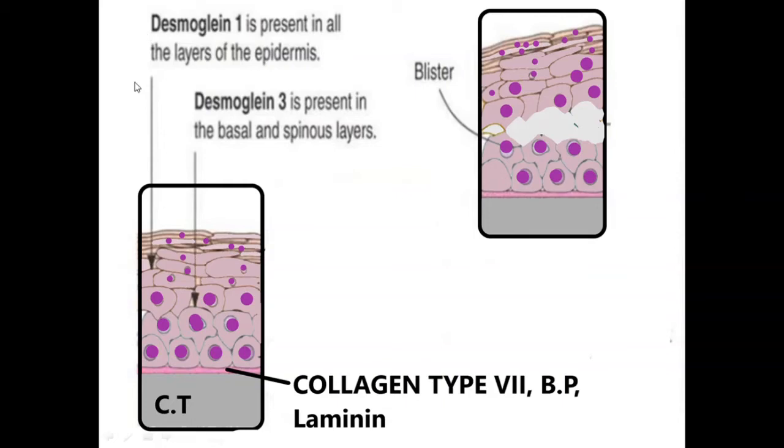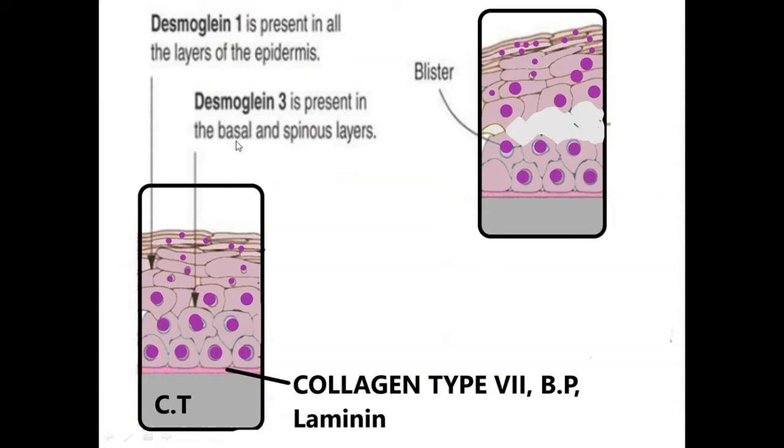Desmoglein 1 is present in the layer of epidermis, somewhere in the spinous layer. That means if antibodies are formed against desmoglein 1, there will be a break in the continuity of this spinous layer of cells and hence bulla or blister formation will be there in this layer.